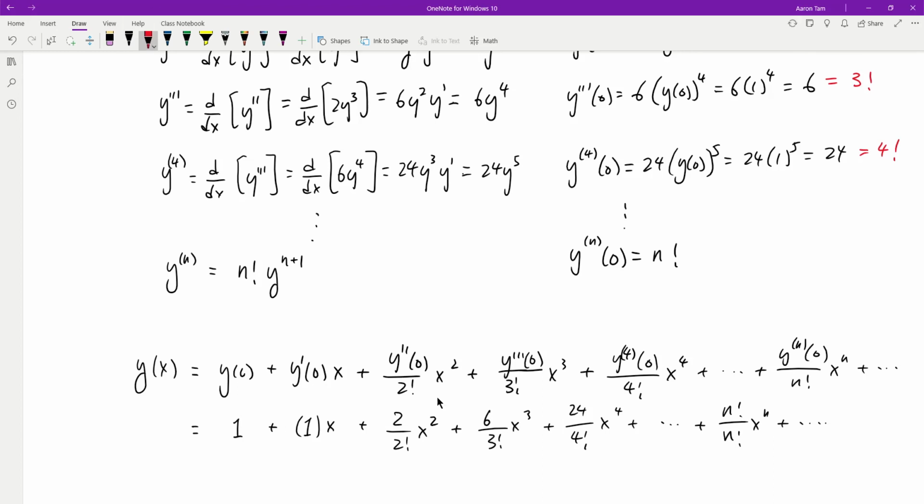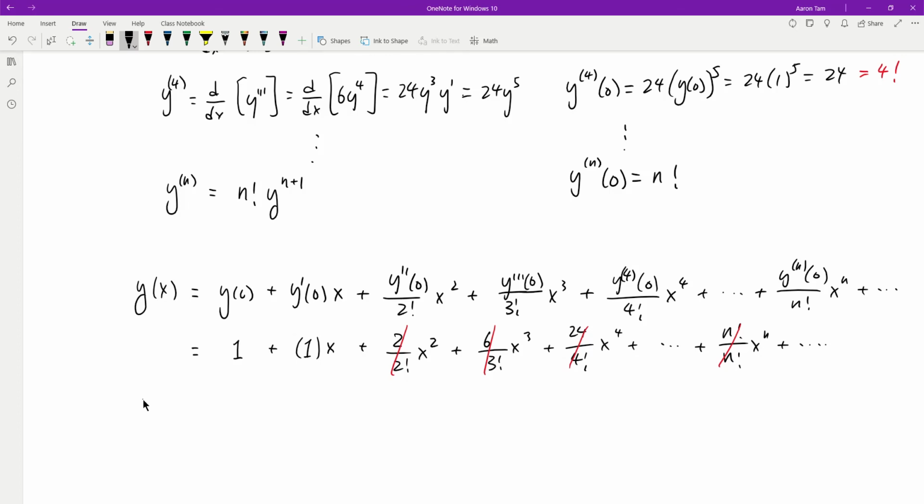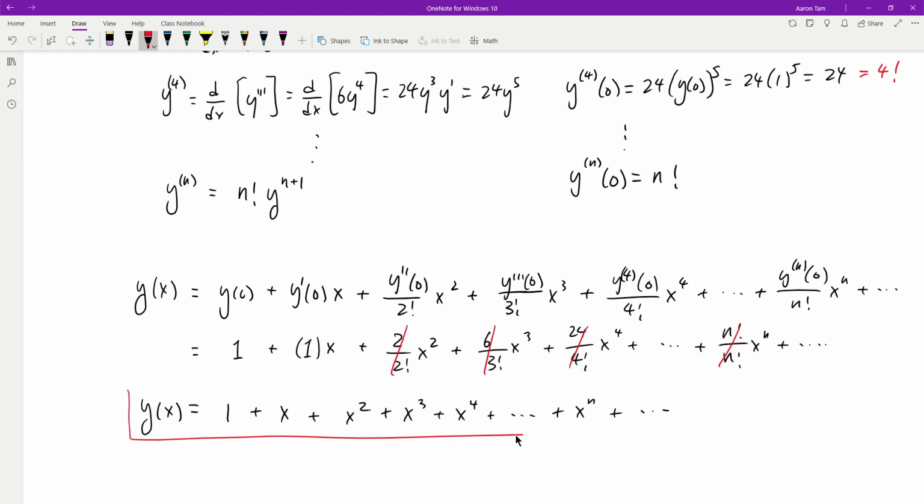It should be clear that these cancel out completely. And therefore, that leaves me with this power series for y of x, which is 1 plus x squared plus x to the third plus x to the fourth plus dot dot dot plus x to the n plus dot dot dot. So that would be a power series solution.